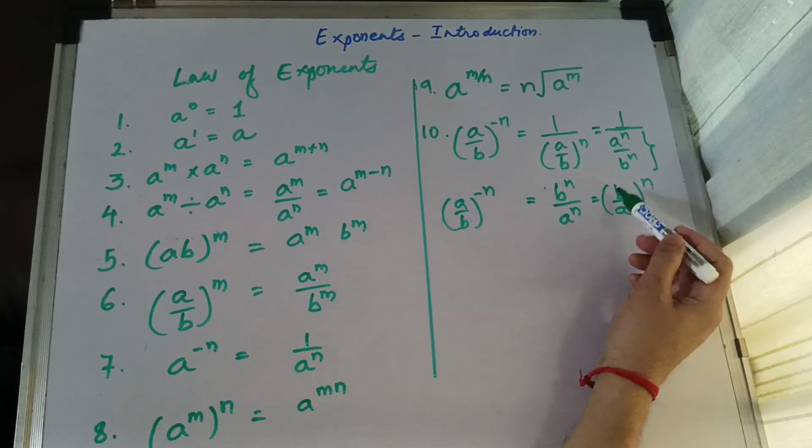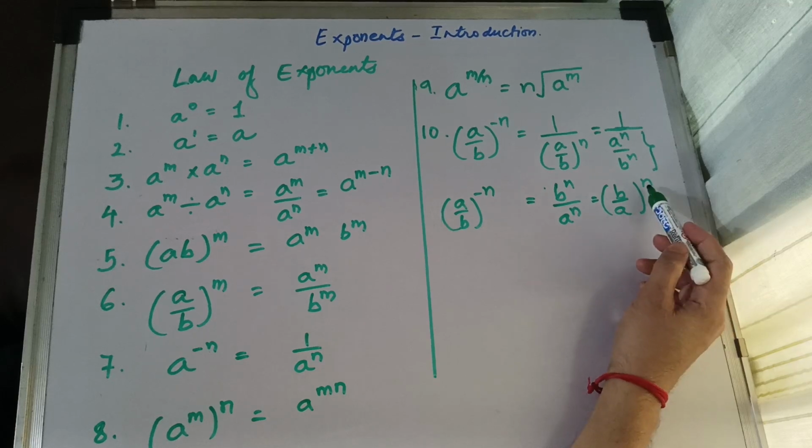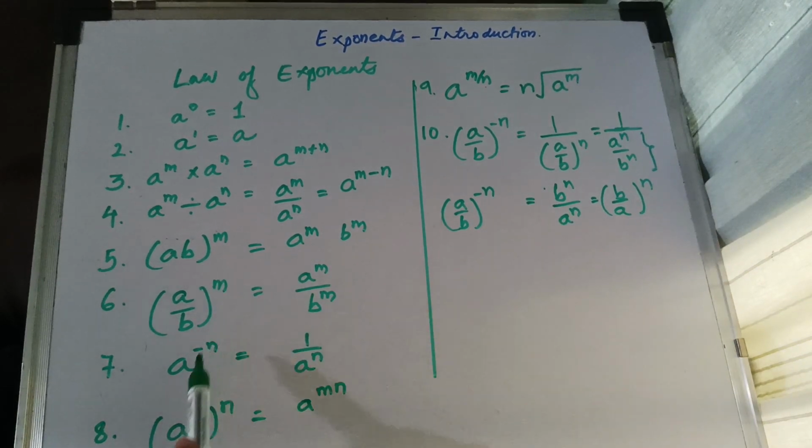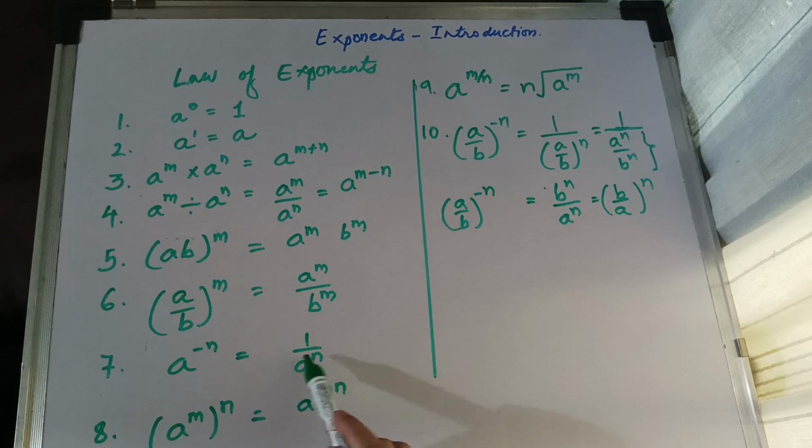We can directly take the reciprocal of this fraction, a upon b becomes b upon a, and the sign of the power changes. Here in this case, a raised to minus n becomes 1 upon a raised to n. The entire thing travels in the denominator. So a raised to minus n becomes a raised to n. It travels in the denominator. So these are the laws that we'll be using a lot.